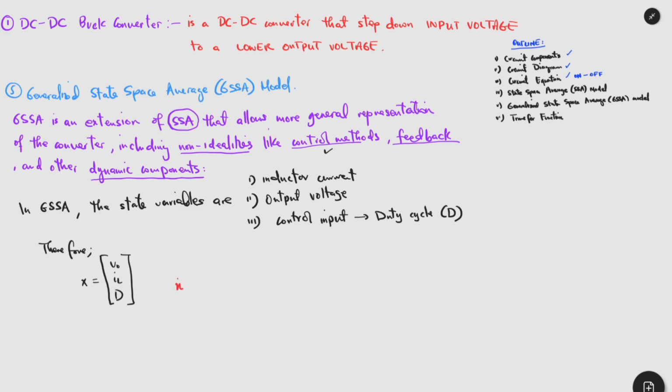We have x dot of t in the time domain equal to A average times x of t, plus B average times u of t, which is the input signal, and now we have B_D times d of t. This component is our extension, where it is a control method known as the control input.